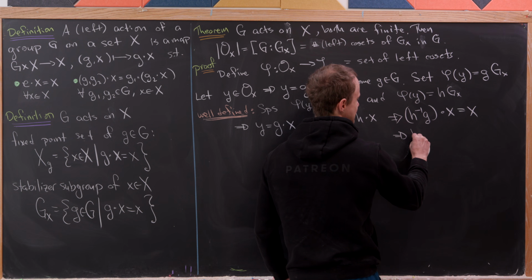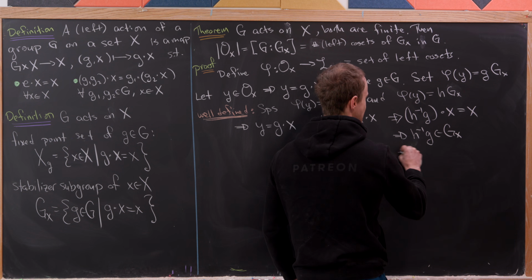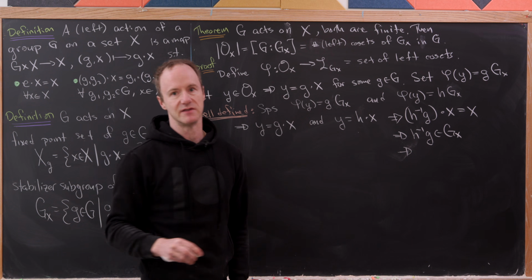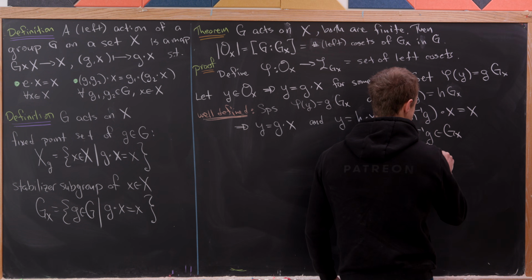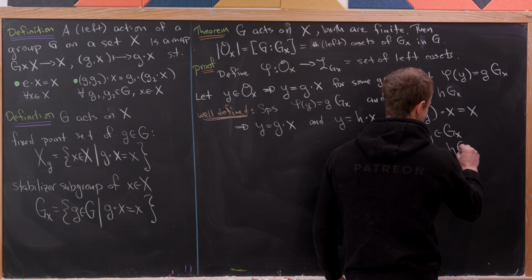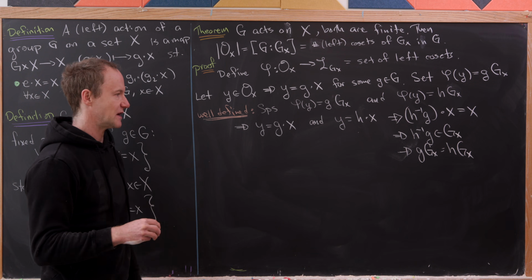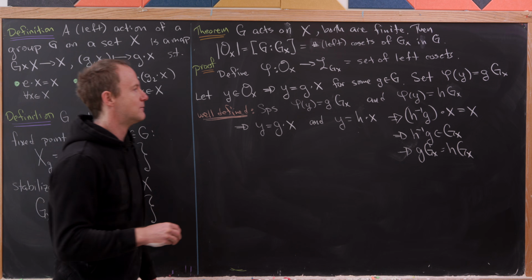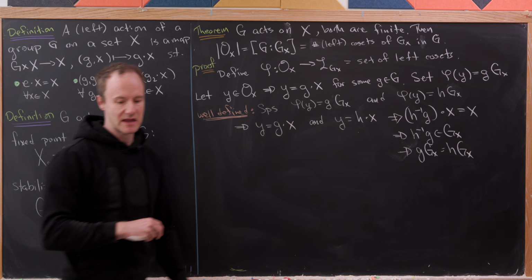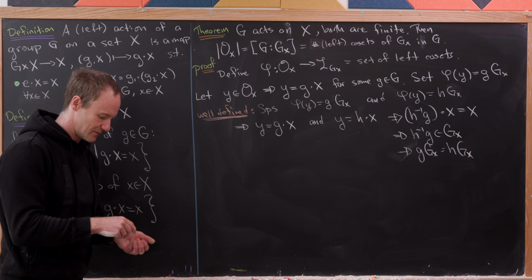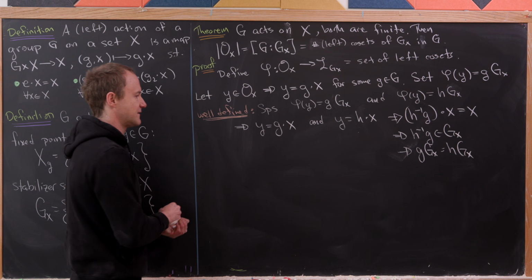But that's equivalent to saying that h inverse g is inside of Gx. But then if h inverse g is inside of Gx, that means that gGx is equal to hGx. Those two cosets are the same by a standard result about equality of cosets. But that means that these two mappings really did the same thing, even though they seem like they might not have been doing the same thing. Okay, so we've shown that it's well defined.